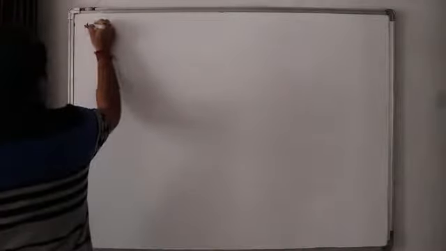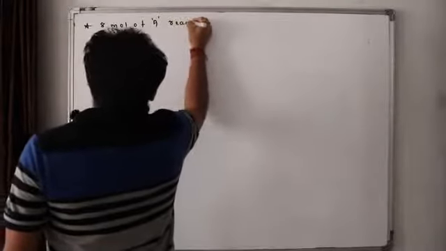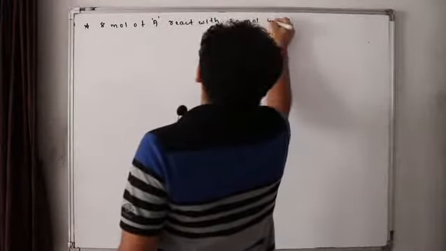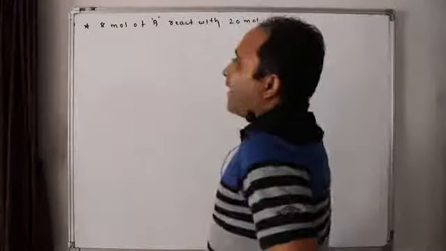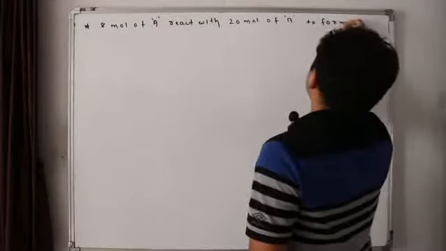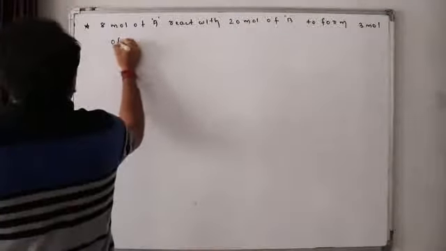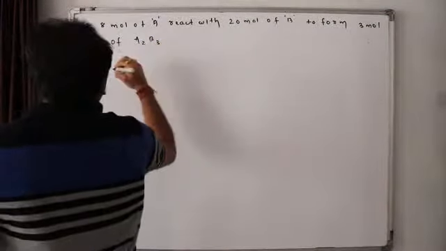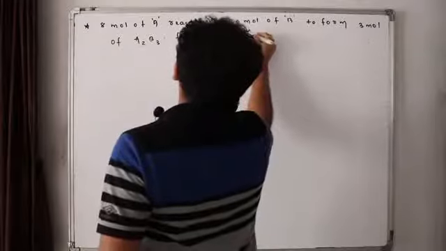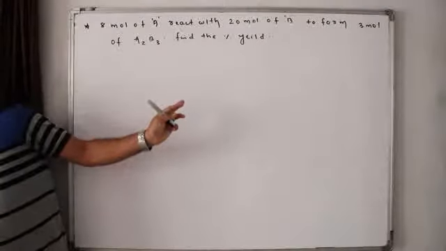The question is, 8 moles of A reacts with 20 moles of B to form 3 moles of A2B3. Find the percentage yield.